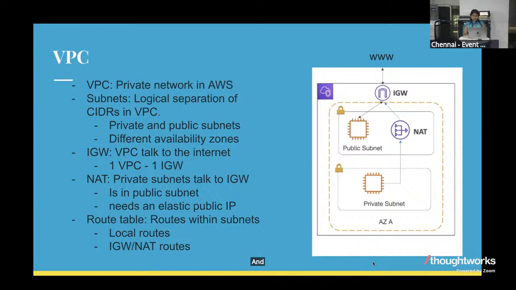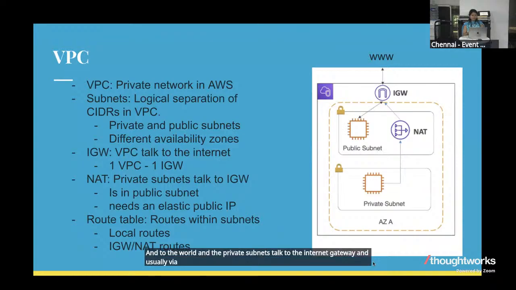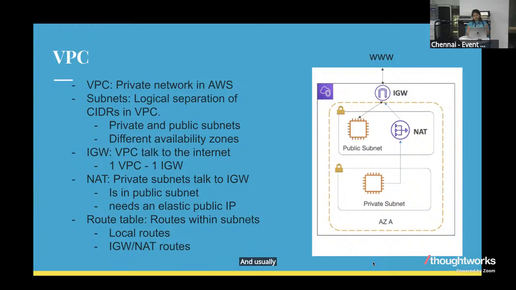And the private subnets talk to the internet gateway, usually via the NAT gateway. These internet gateways and NAT gateways are AWS managed resources, and their scalability and availability are taken care of by AWS. And usually there is one VPC associated with one internet gateway.